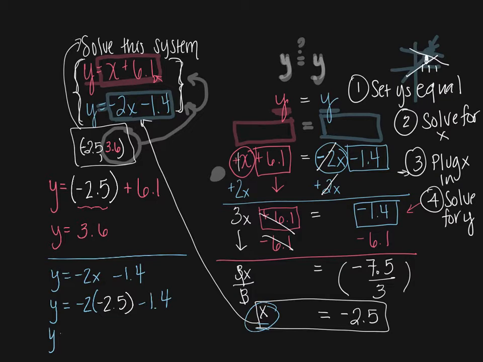Do your math. Remember, this is technically negative 2 to the quantity. So negative 2 times a negative 2.5 is going to give me something that's a positive. Plug it into your calculators. This is going to give me a positive 5 minus 1.4. Plug it in. At this point, I get 3.6.